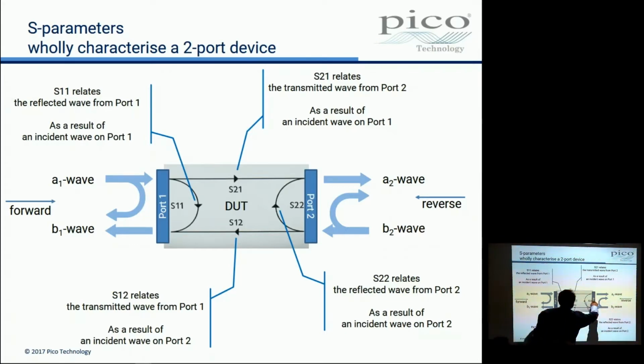And here, the wave out of port 2 as a result of the wave incident to port 2, and so on and so forth. The S12 relates the wave coming out of port 1 due to the wave on port 2.